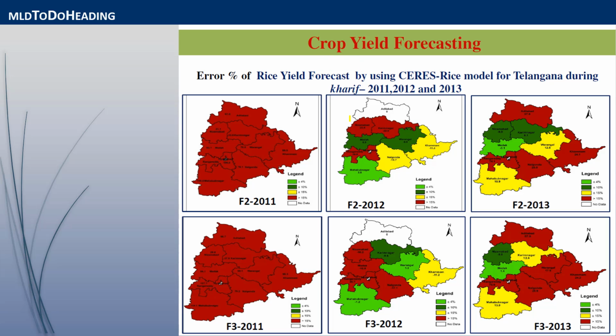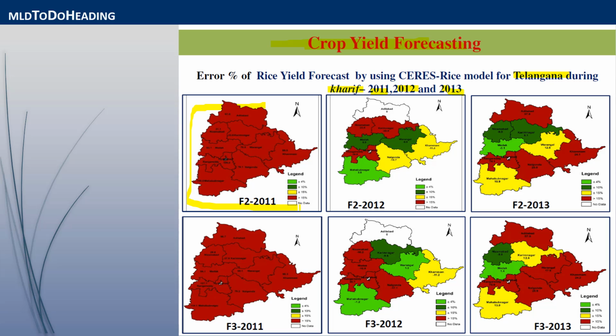And these heat maps are for the Kharif crop of Telangana district, and basically we are forecasting the crop yield, how much crop there would be for upcoming years from these regions. Here we have the heat maps of 2011, 2012 and 2013, and the legend is showing these regions.